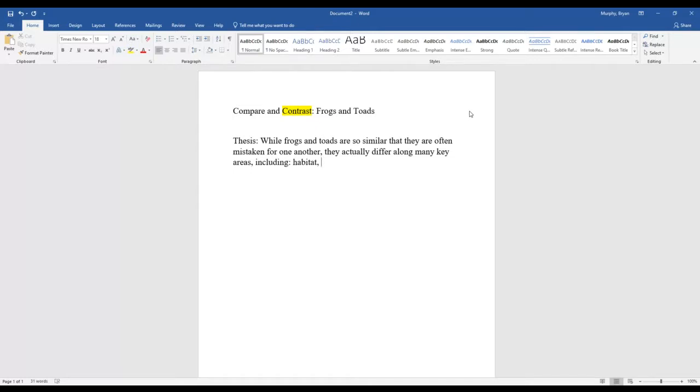What's another difference? Habitat, skin type, and let's see.